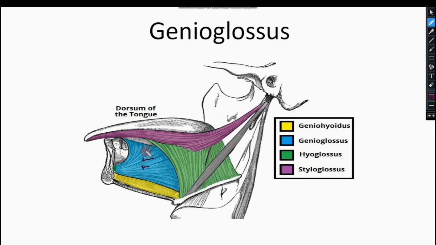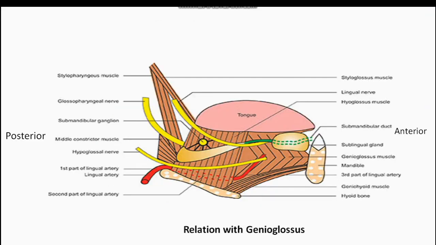As a result, it protrudes the tongue and holds the tongue so it does not fall into the pharynx. Suppose I cut it from the point of origin: the tongue will fall, and when the tongue falls it will cause respiratory arrest. That's why I said this is the safety muscle of the tongue. Important structures superficial to this genioglossus include the submandibular duct.